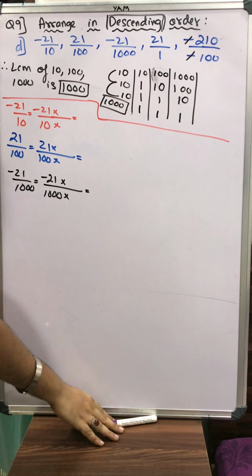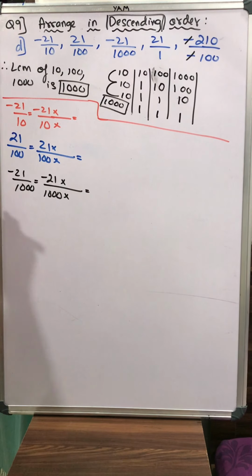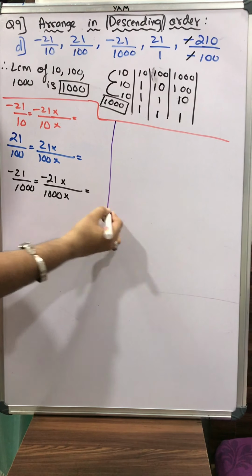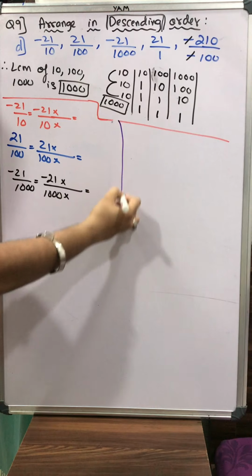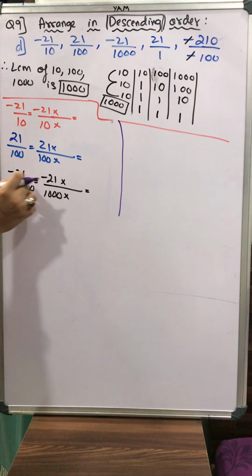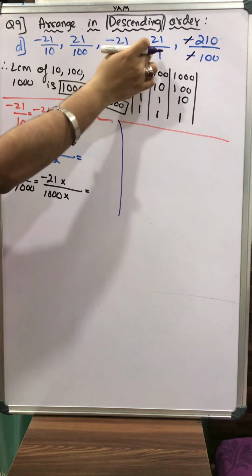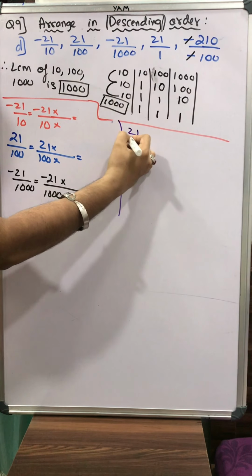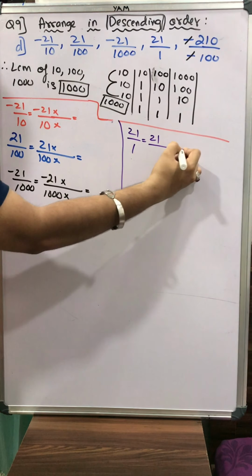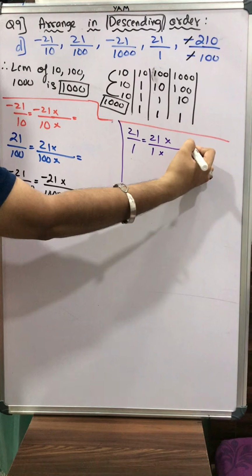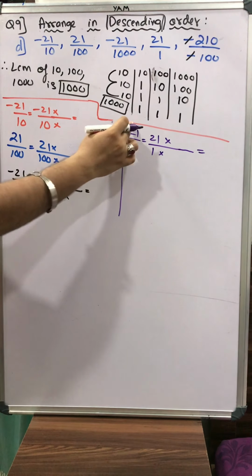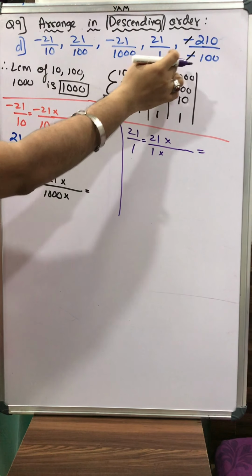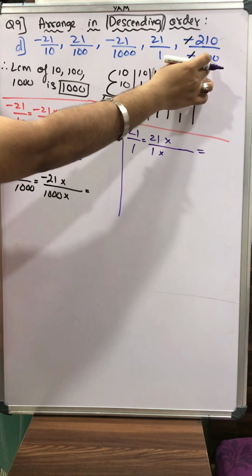Next one, I don't have place, that's why I'm doing it on the right hand side. You have to do it vertically, one below another, leaving lines. Presentation matters a lot. After minus 21 upon 1000 comes 21 upon 1. So 21 upon 1 multiply is equal to. After 21 upon 1, I have 210 upon 100.